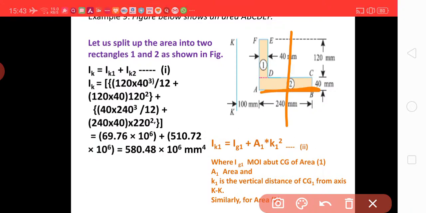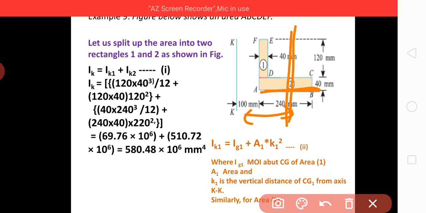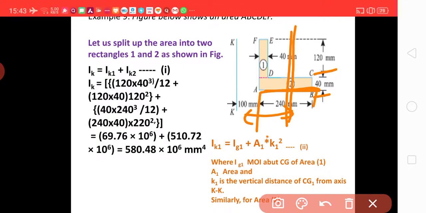So 40 into 240 cube by 12 is the moment of inertia about its centroidal axis, plus its distance from here to here, that is square of that into the area of this, that is 240 into 40, into 220, that is 120 plus 100, square of 220.